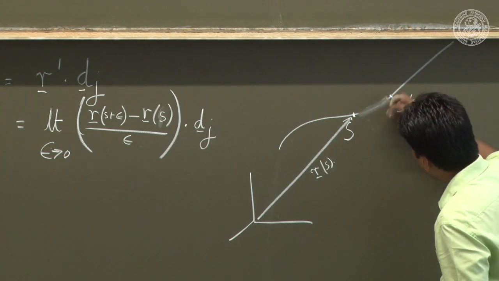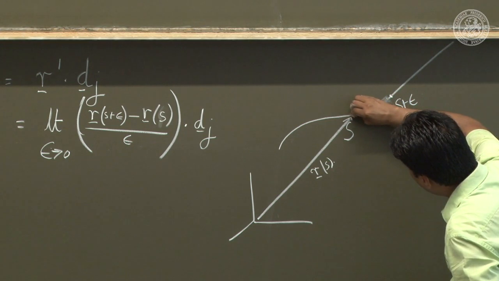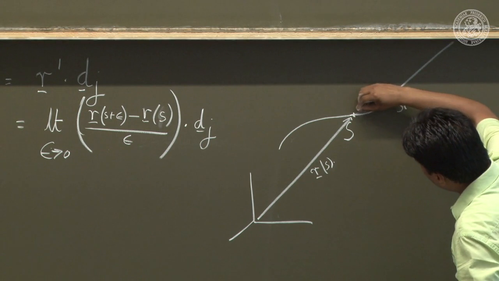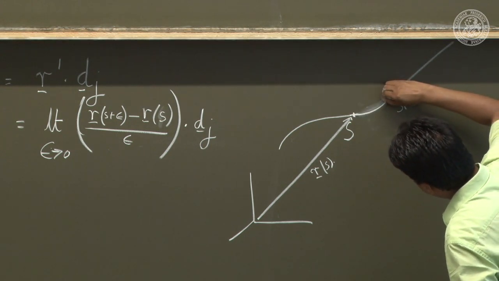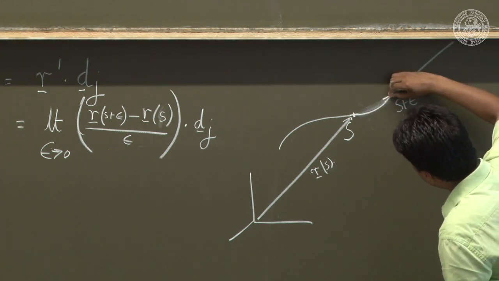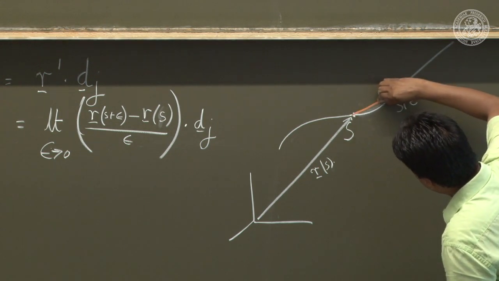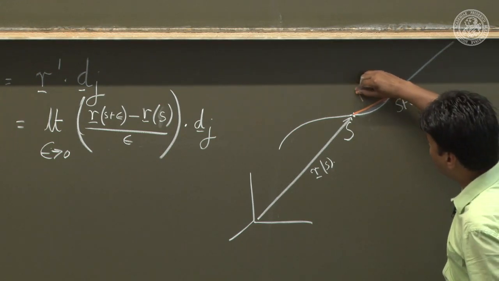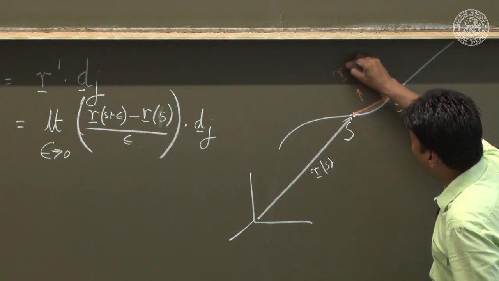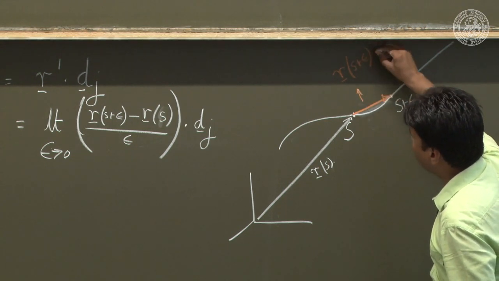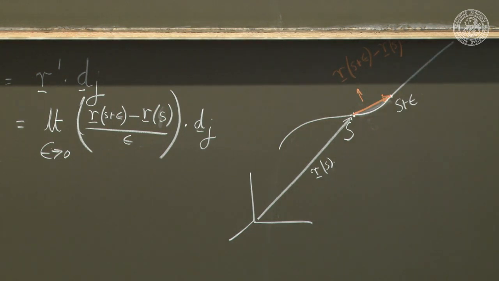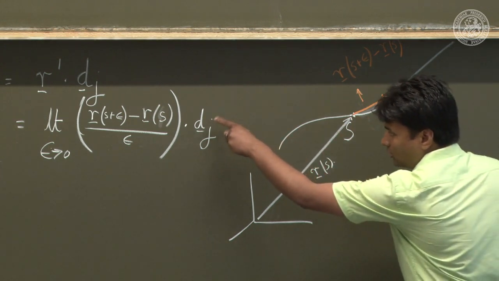Let me make it more prominent here. So the difference of these two, that's your small r of s plus epsilon minus small r of s. And then I want to take its component along the directors.